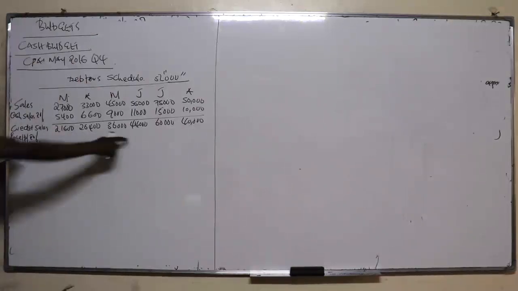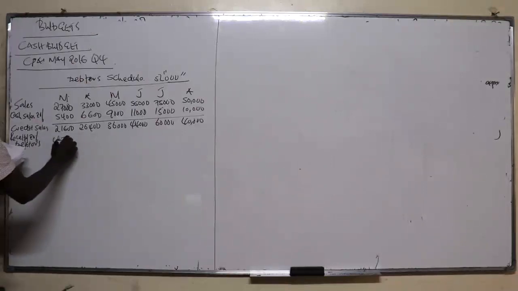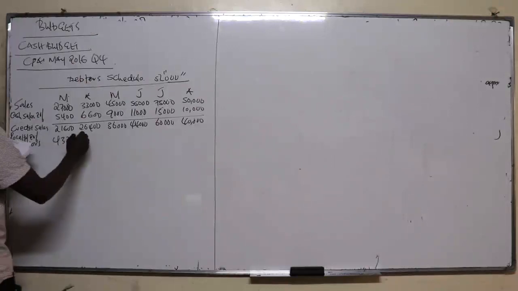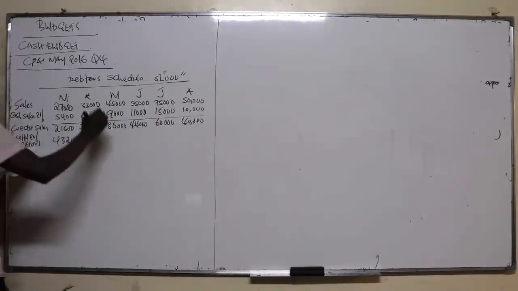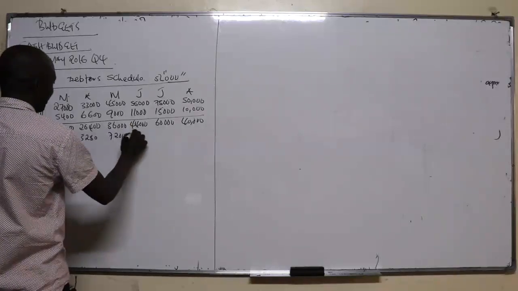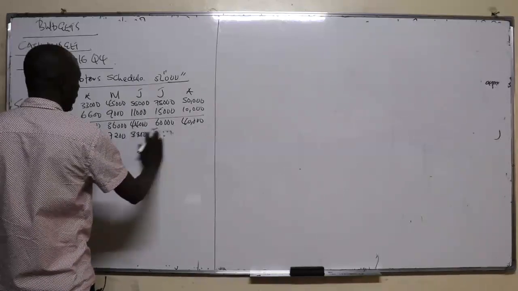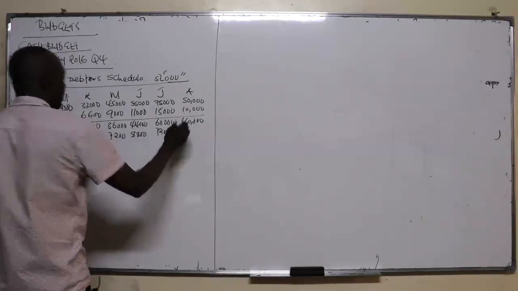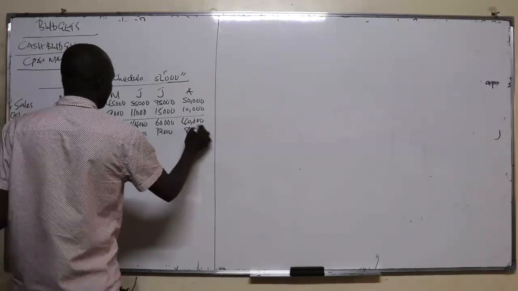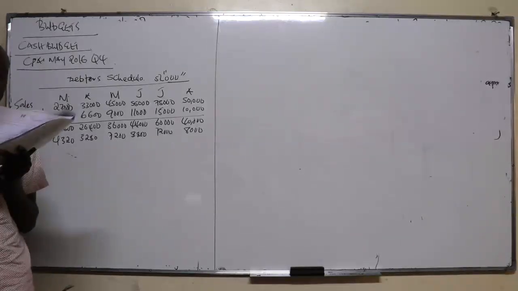So we get 4,320, 5,280, 7,200, 8,800, 12,000, and 8,000. So that is the collection of the 20% debtors. They pay within the same month, collected in the month of sale.